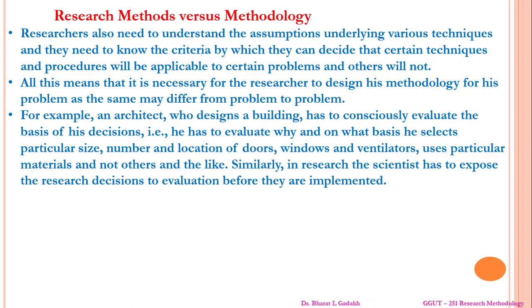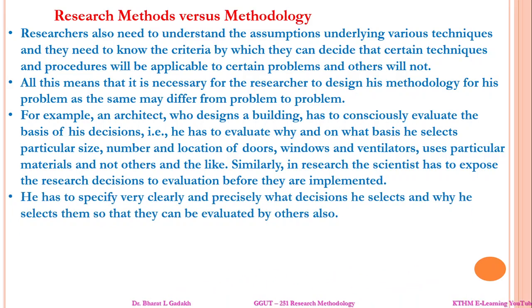Similarly, the research scientist has to expose the research design to evaluation before it is implemented. He has to specify very clearly and precisely what decisions he selects and why he selects them, so that they can be evaluated by others also.